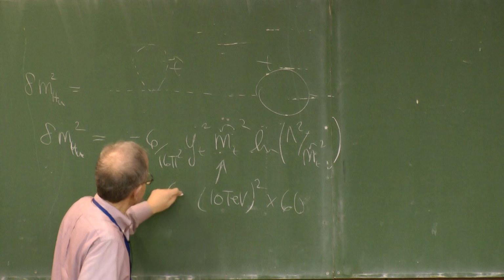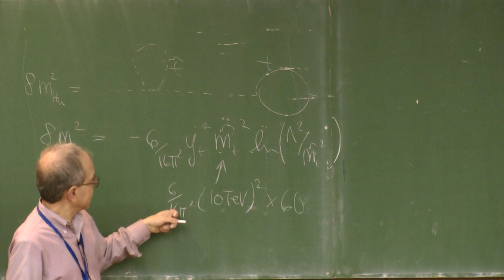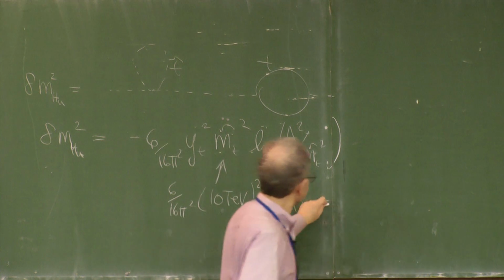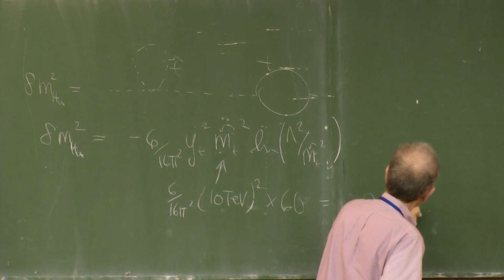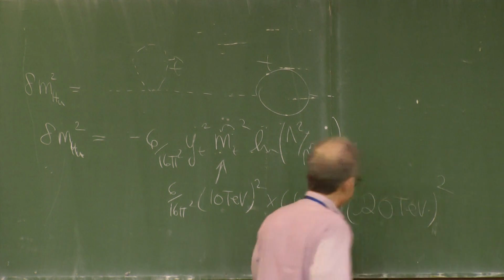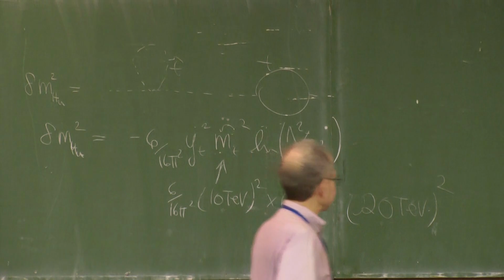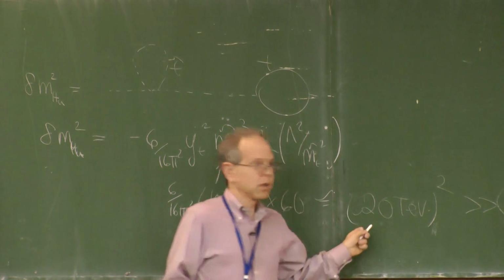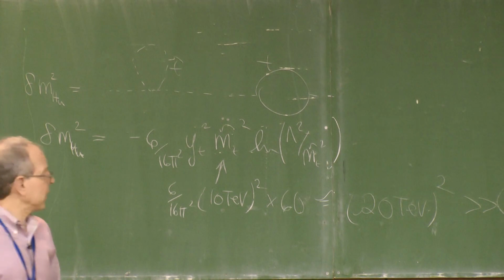So we have 6 over 16 pi squared, so this thing is maybe 3 times 10 TeV squared. So this is roughly 20 TeV all squared. But that's huge compared to what we're interested in. This is much, much bigger than 125 GeV squared, the characteristic number we're interested in. So we have here a factor of tuning of a part in 10 to the 4th.